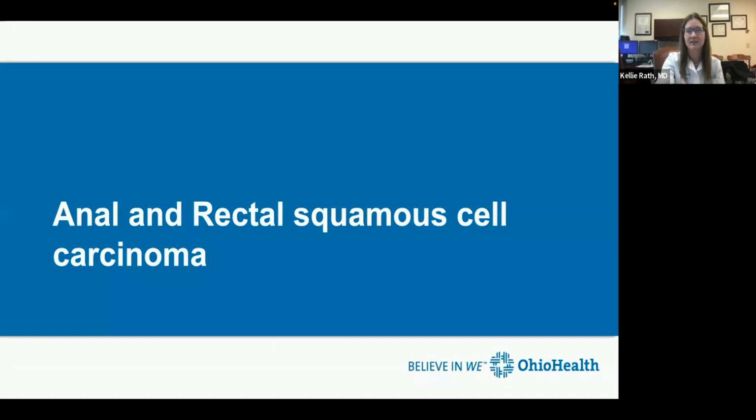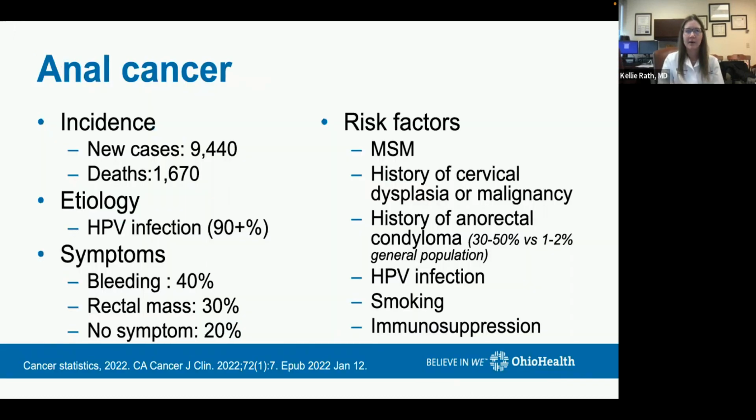Anal and rectal squamous cell carcinoma, almost 10,000 new cases each year with about 1,600 deaths. HPV infection is related to more than 90% of these squamous cell, rectal, and anal cancers. Many patients present with bleeding or a rectal mass. About 20% may not have symptoms.